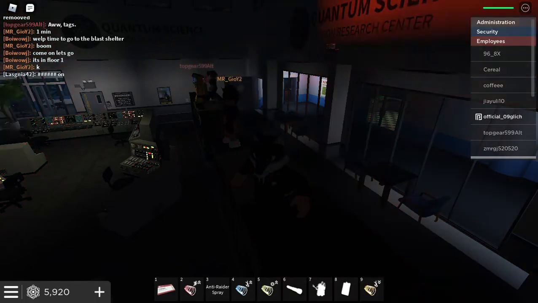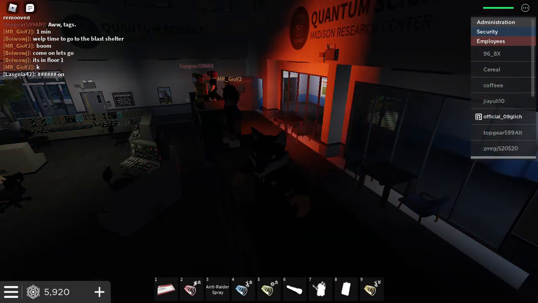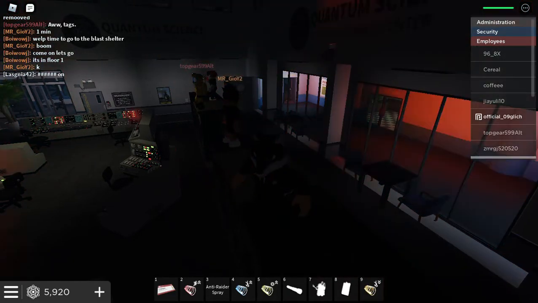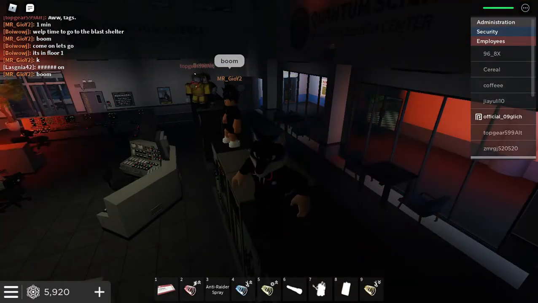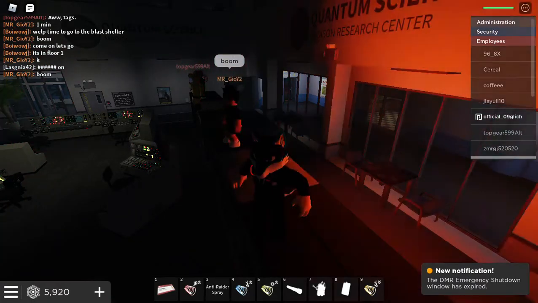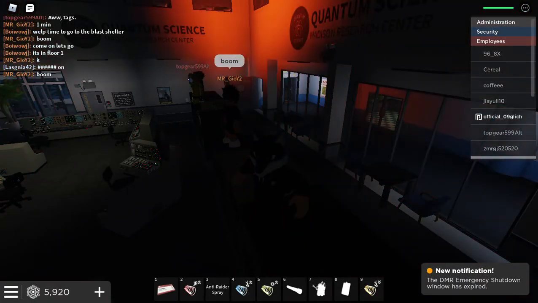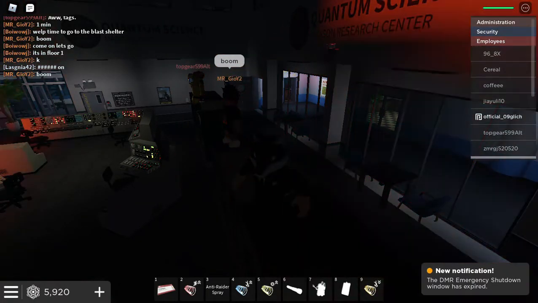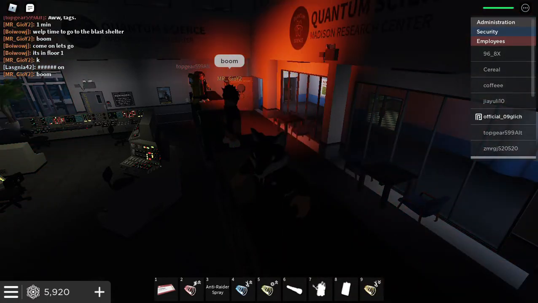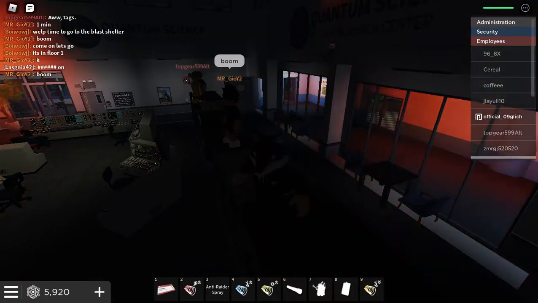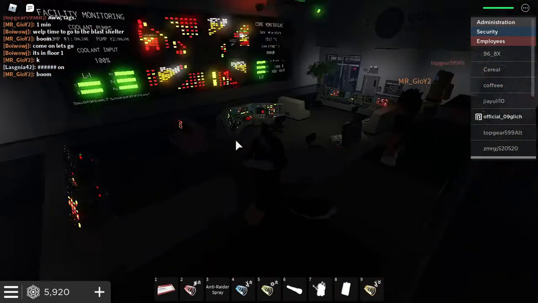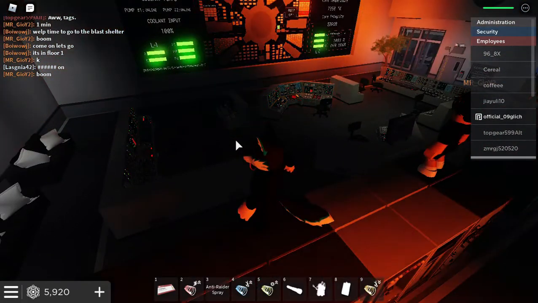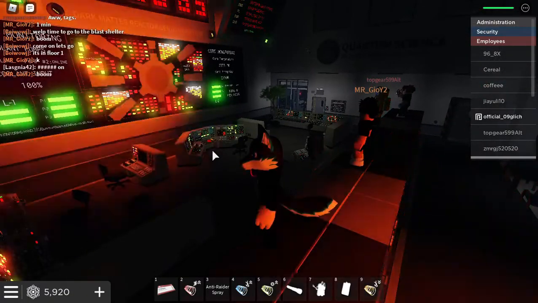Please do not use the automated antenna system. Error detected. Danger, dark matter reactor explosion will occur in T-5 minutes. The option to shut down the reactor core has now expired.